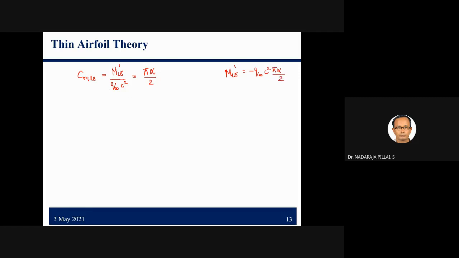So q infinity c square and q infinity c square get cancelled, and we can write minus pi alpha by 2.